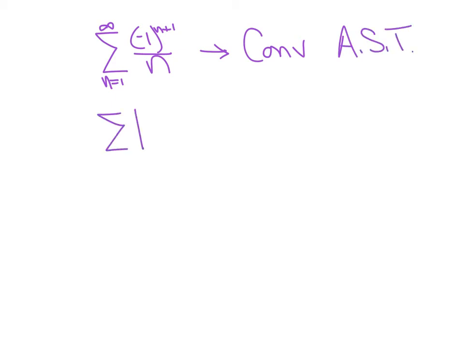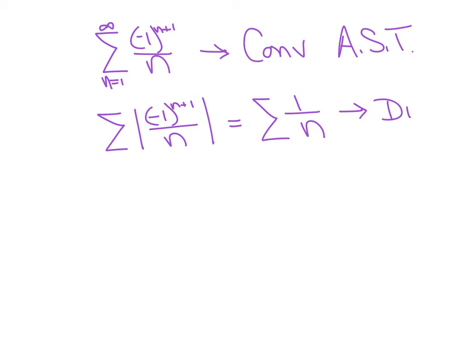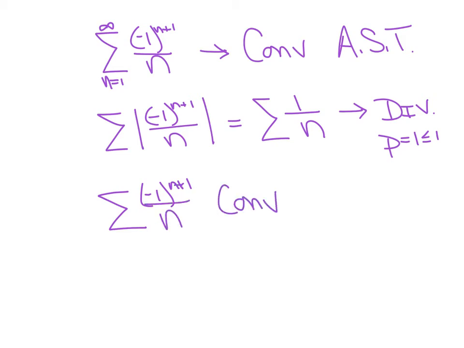Then, once you take the absolute value of this particular series, you basically end up getting the regular harmonic, and this series diverges. You could use the p-series, p is equal to 1, and anything less than or equal to 1 diverges. And so therefore, we could say that the alternating harmonic does indeed converge, but it converges conditionally.